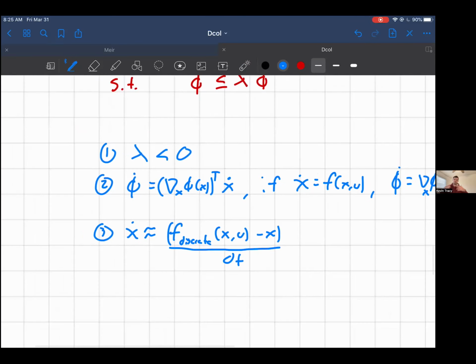So I can approximate this thing using this right here. So f discrete minus x, so I'm just like x2 minus x1. So I take a step, difference it, divide by dt, and this gives me my approximate x dot.